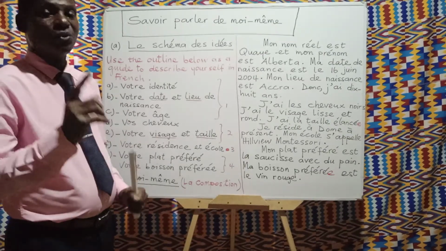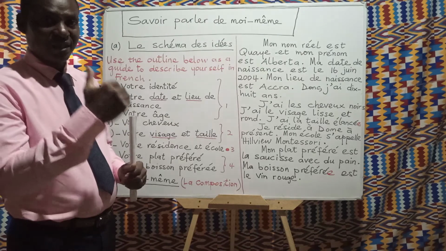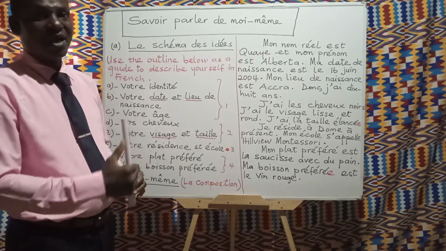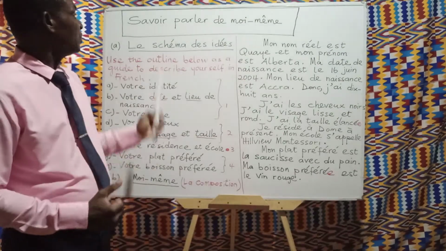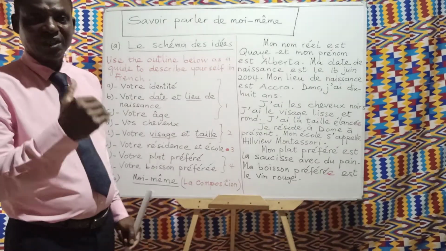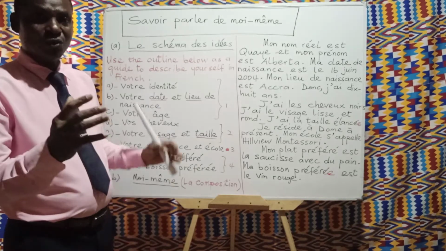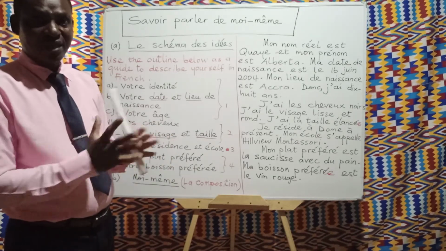But that is not the only thing you have to do. After reading the points in the plan, that is in the outline, that I have named le schéma des idées, you have to group these points in paragraphs. And then you answer them, grouping each paragraph in one idea.